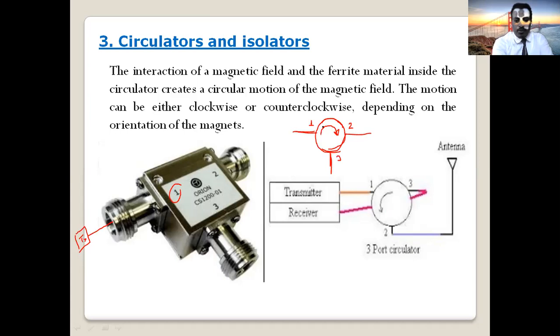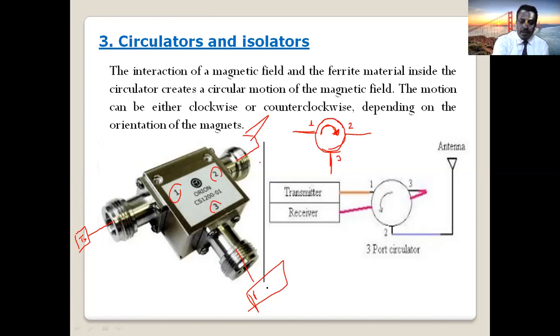So this arrow is clockwise, right? It's clockwise direction. Keep that in mind. So we connect our transmitter at port 1. Port 2, we connect it to what? Antenna cable. So port 2 goes to the antenna cable. Port 3, we connect our receiver.